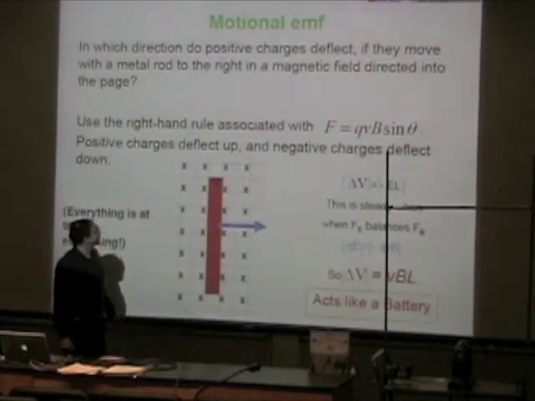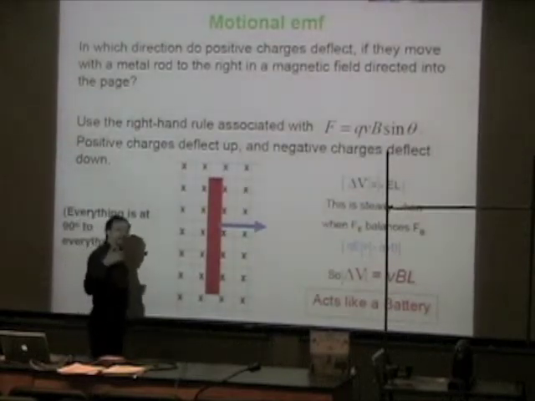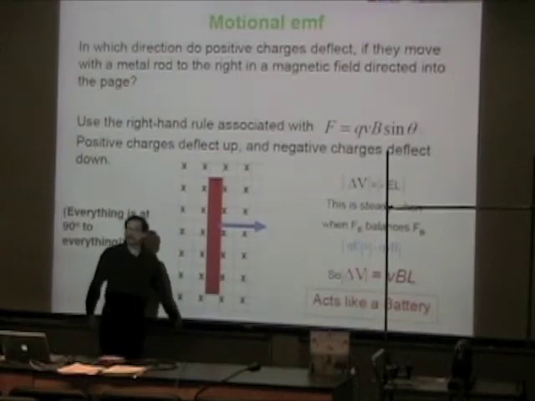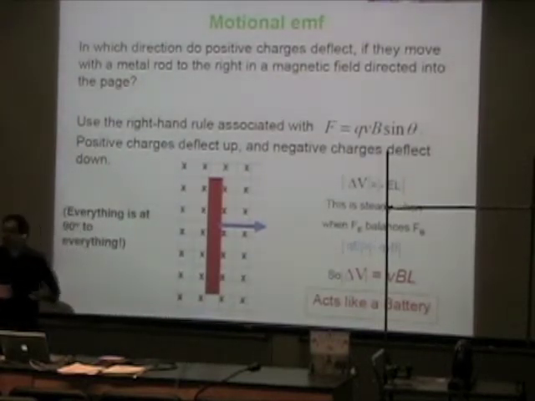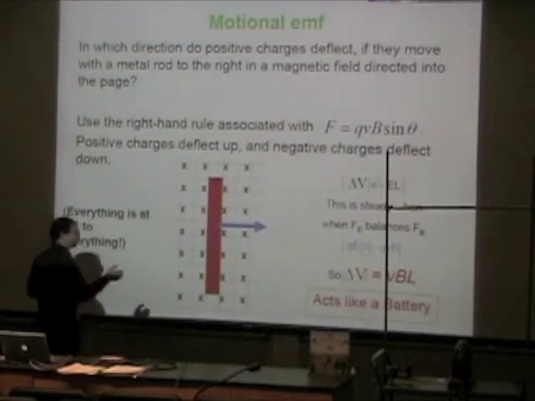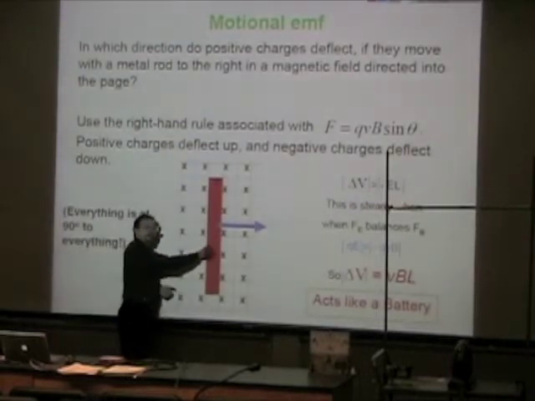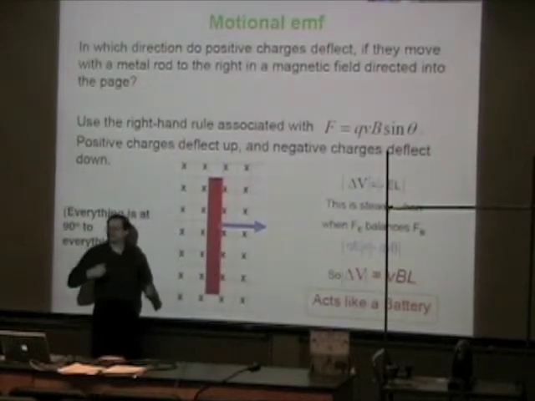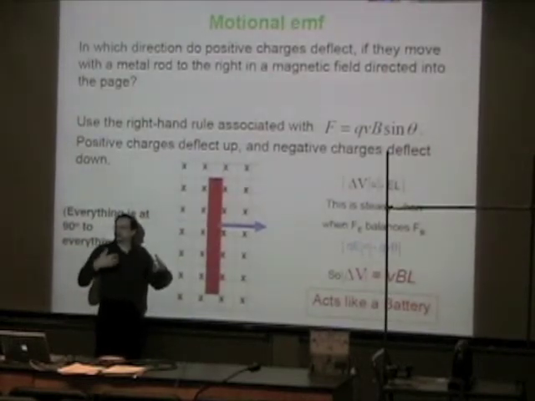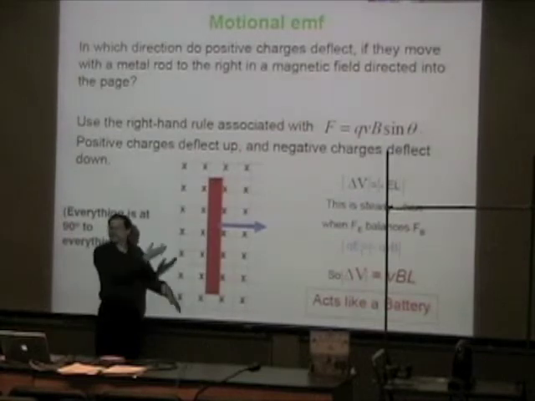Electric field is balanced. If we keep the velocity constant, eventually the electric field generates a force which is supposed to be balanced with the force provided by the magnetic field. If we just start moving, initially, the magnetic field generates the stronger force. That leads to separation of charges.